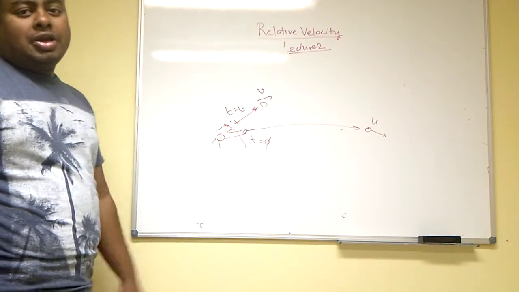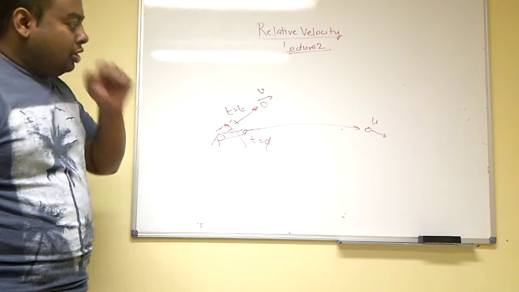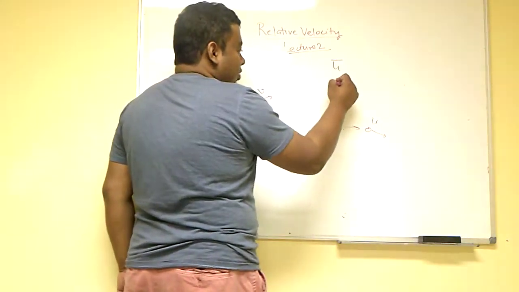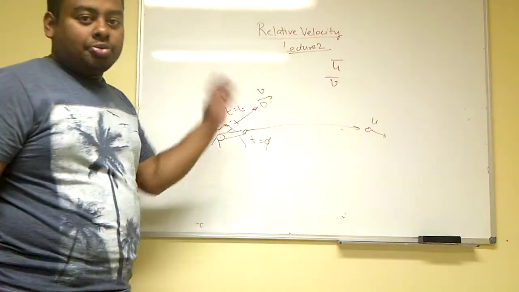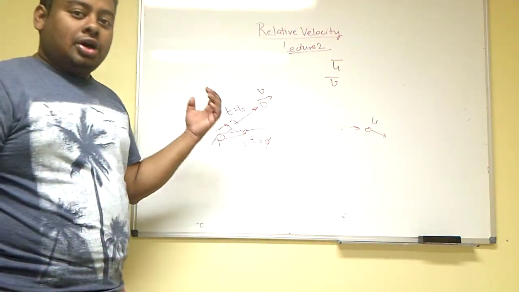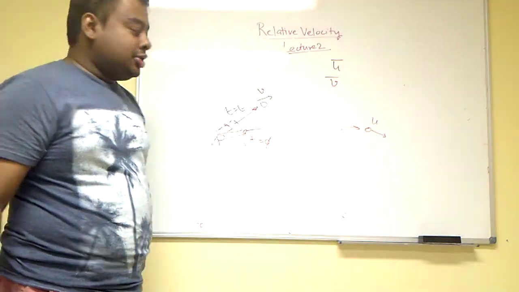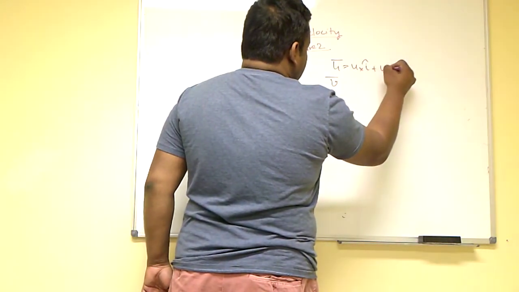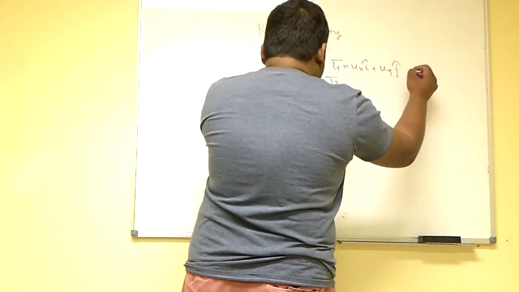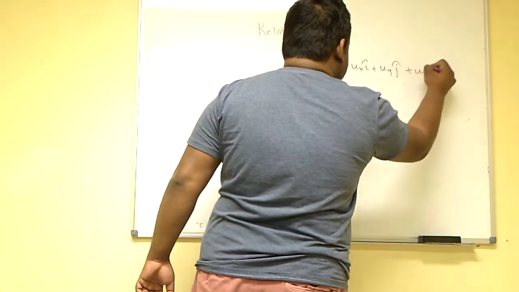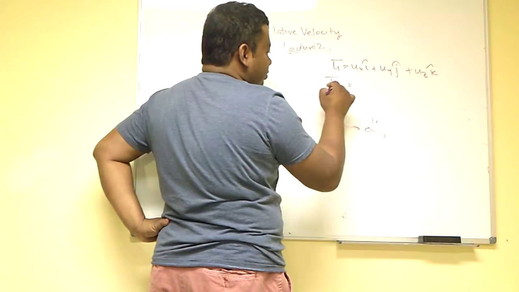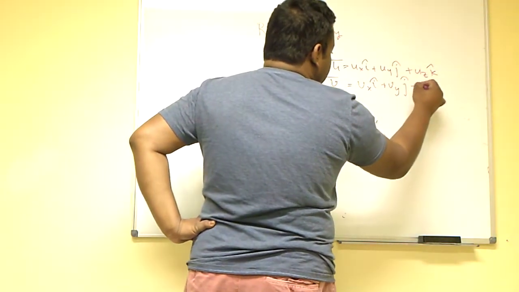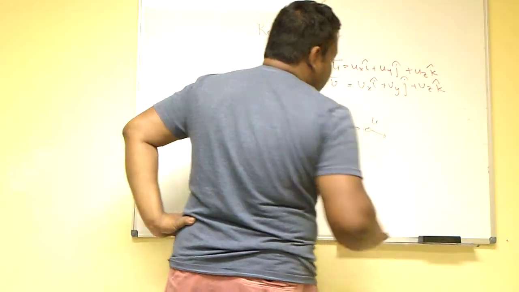So generally speaking, what you tend to do is project the u's and v's, because these are vectorial quantities, in their respective x, y, and z directions. You write them as ux i cap plus uy j cap plus uz k cap, and you write this velocity as vx i cap plus vy j cap plus vz k cap, right?